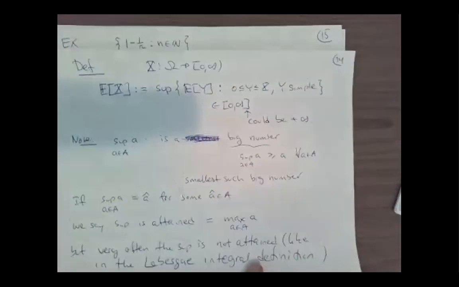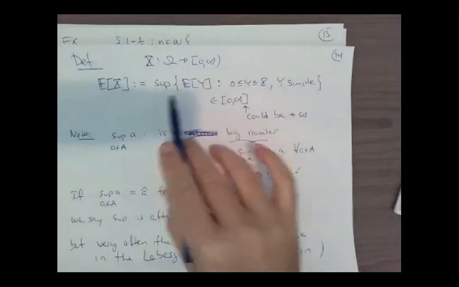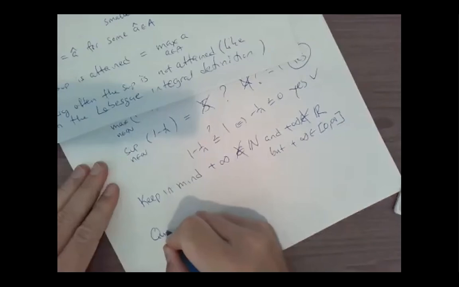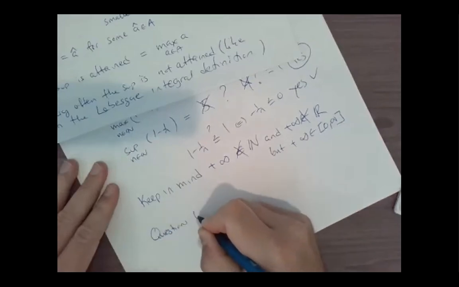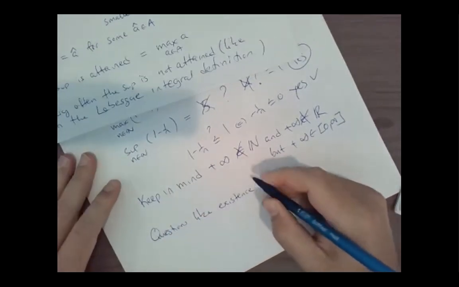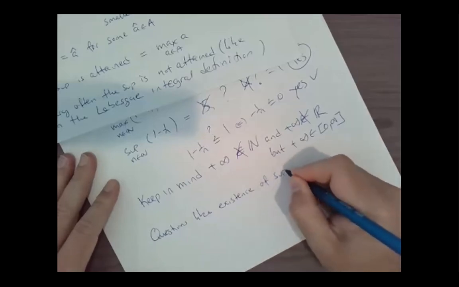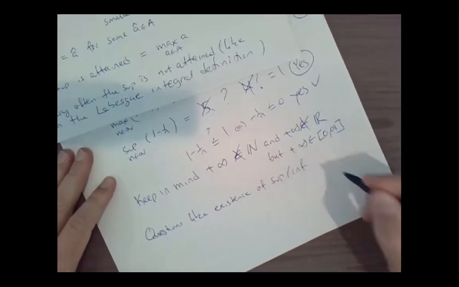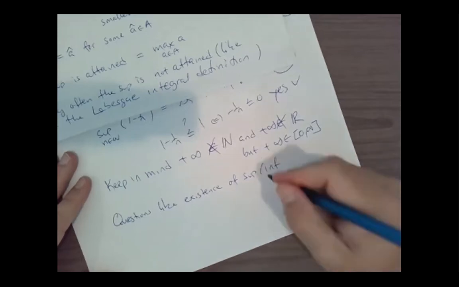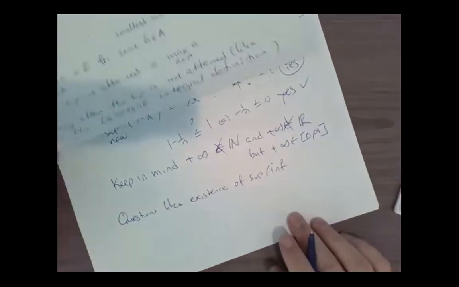So one can ask, can I always take the supremum? And the answer is yes. So questions like existence of sup. There's also the other one, inf. The infimum is quite similar.